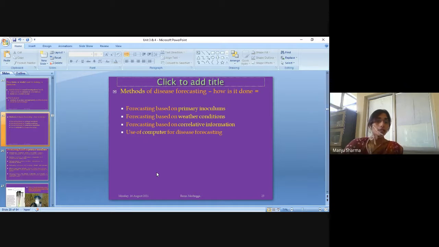So, first point, forecasting based on primary inoculum, forecasting based on weather conditions, forecasting based on correlative information, and the use of computer for disease forecasting.